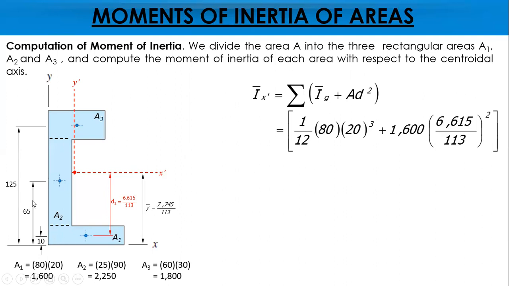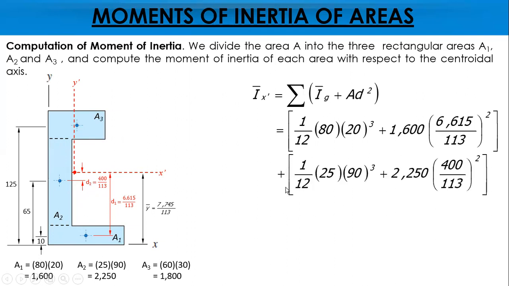Now for element number 2, this is our D sub 2. It is the distance between the centroidal x-axis of element 2 and the centroidal axis of the whole area. This one is equal to y bar minus 65, and it's 400 over 113.